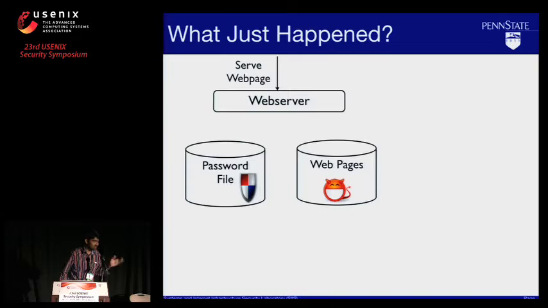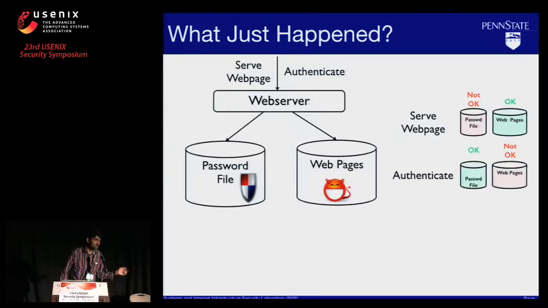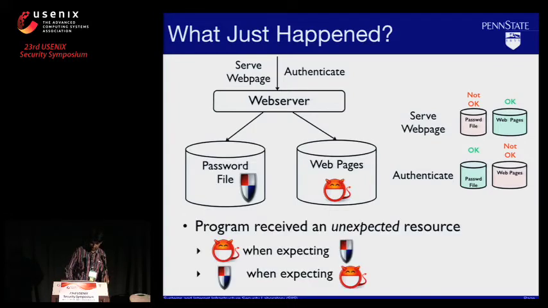When it is going to serve a web page, it is OK to access only the adversarial files, but not something that is protected, like the password file. On the other hand, when the web server wants to authenticate users, it is OK to access only the password file that is protected, but not any adversary controlled files, right?